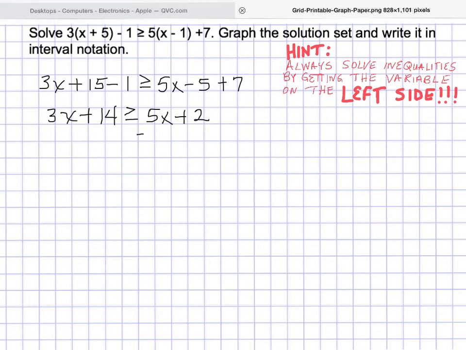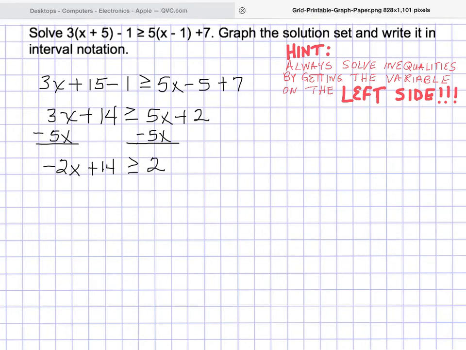So let's subtract 5x from each side, so we have negative 2x plus 14 is greater than or equal to positive 2.